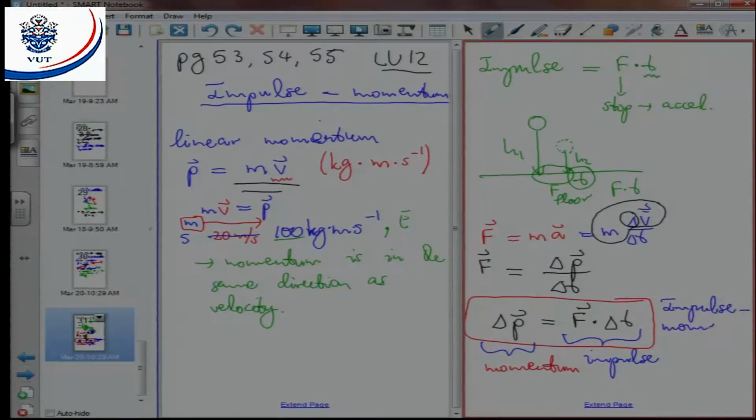Okay, it tells us that the change in momentum is due to the applied force times the time at which the object is in contact with the surface in that case, or with the force. Okay, so that's the impulse momentum theorem. So if I can just show you the summary.